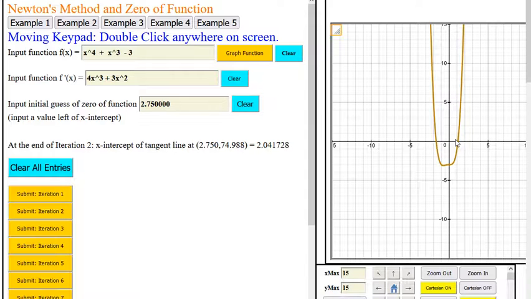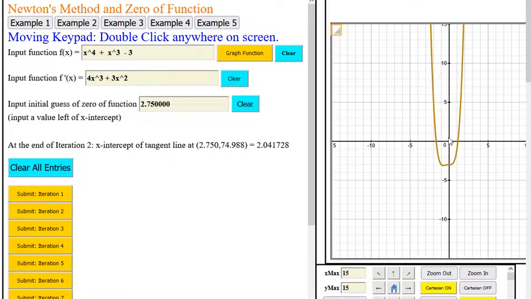On the first one, remember that in Newton's method, what we do is pick an initial guess, meaning pick a number that's close to this zero or this x-intercept right here. So we could pick 0, or we could pick like 0.5. Remember that Newton's method involves dividing by the derivative.